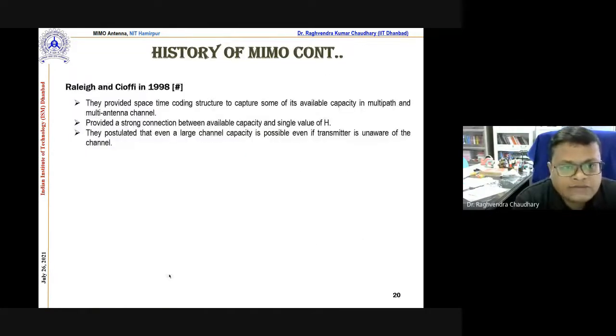Then Alamouti and colleagues in 1998 provided space-time coding, a structure to capture some of the available capacity in multipath, and made a strong connection between capacity and the singular values of the channel. They postulated that even a large channel capacity is possible.